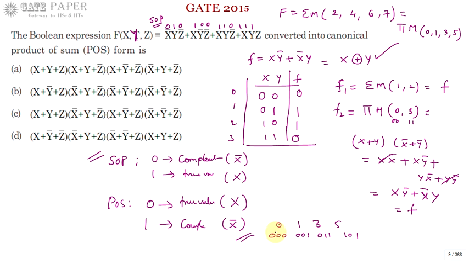Since you are writing POS, remember that 0 will be treated as true value. So you can write it as (x plus y plus z) into (x plus y plus z bar) into (x plus y bar plus z bar) into (x bar plus y plus z bar). This is the first expression, that is A itself.